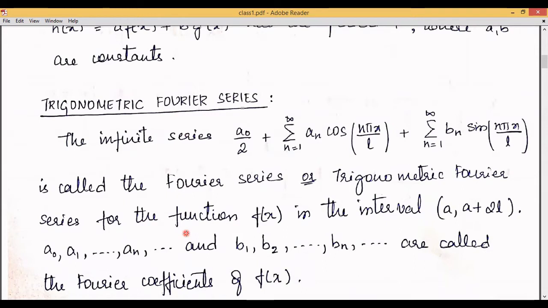Here the infinite series a naught by 2 plus summation n equal to 1 to infinity a n cos n pi x by L plus summation n equal to 1 to infinity b n sin n pi x by L is called the Fourier series or trigonometric Fourier series for the function f of x in the interval a comma a plus 2L, where a naught, a1, a2, etc. up to a infinity, b1, b2, etc. up to b infinity are called the Fourier coefficients of f of x.